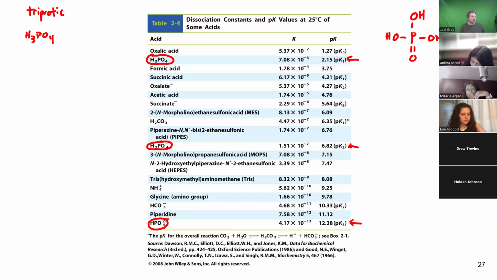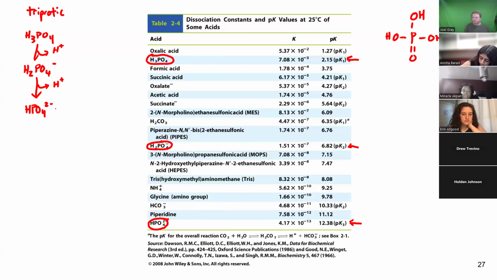Now, if that molecule loses a proton, H plus, now it is H2PO4 minus. If it loses another proton, H plus, now it's HPO4 2 minus. Last but not least is where we get to the phosphate ion.